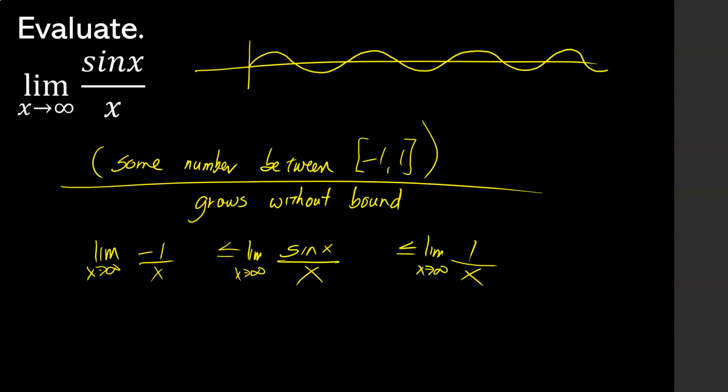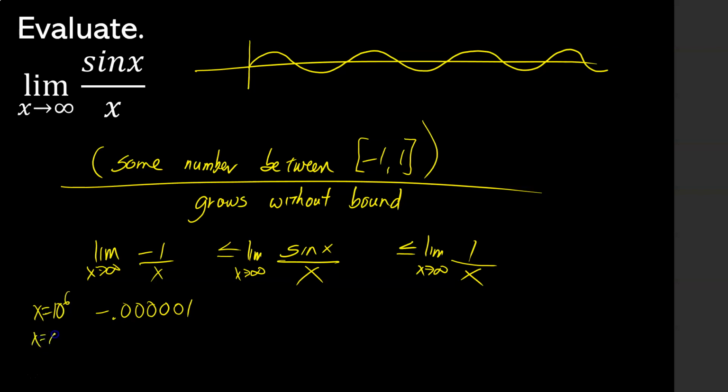Okay, so as x goes to infinity for -1 over x, let's substitute in a million, a billion, and a trillion. Well, what's 1 divided by a million? 1 millionth. So -1 divided by a million is -1 millionth. That's when x equals 10 to the 6th, a million.